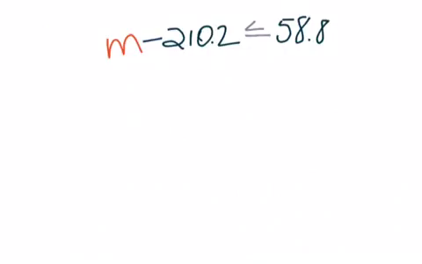Okay. We have m minus 210.2 is less than or equal to 58.8. This is a subtraction inequality, so we're going to do the inverse of subtraction, which is addition. Very good. So I'm going to add 210.2 on both sides. Could line it up, would be good.